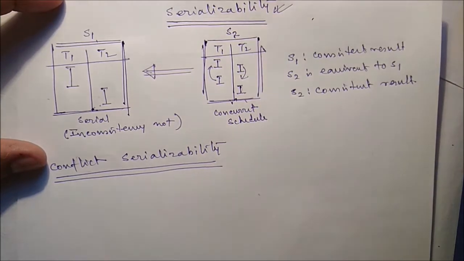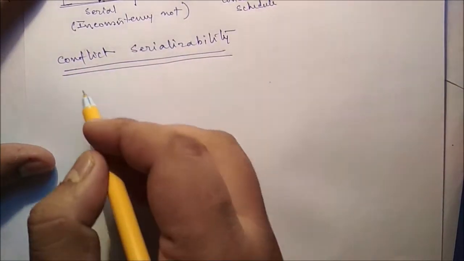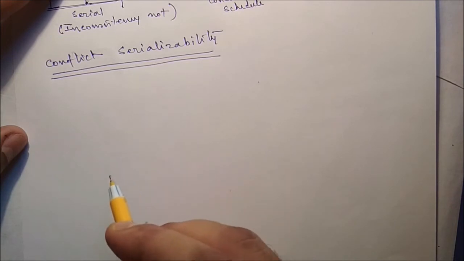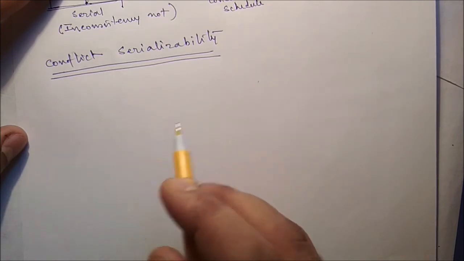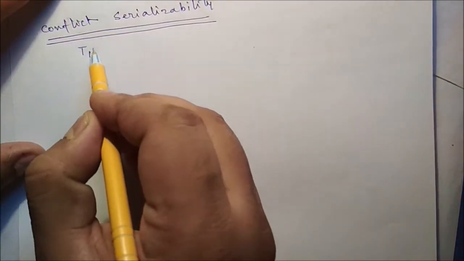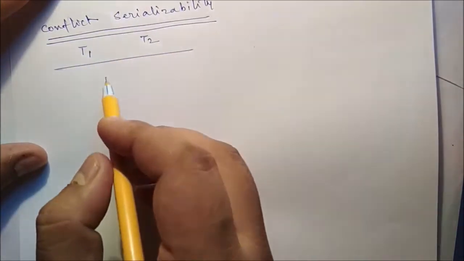So first of all, we have to see what conflicting operations and non-conflicting operations are. For conflicting operations, the conditions are that both operations are on the same data item and belong to different transactions. Let two transactions be T1 and T2, or Ti and Tj.